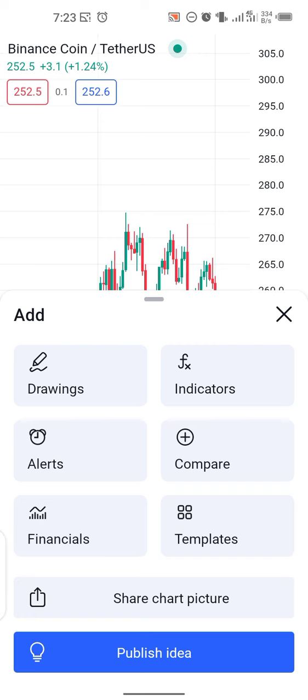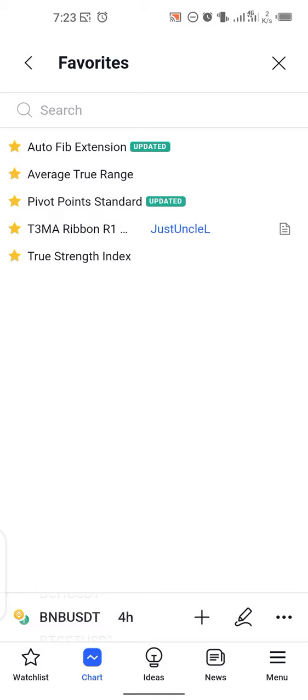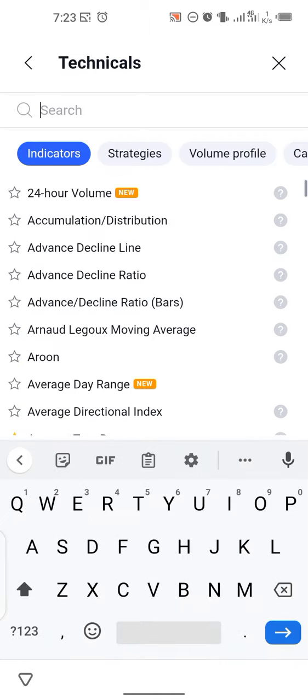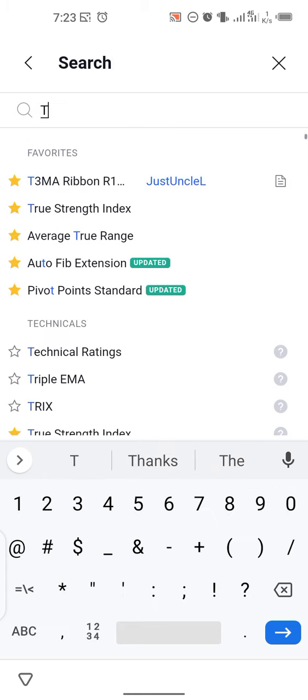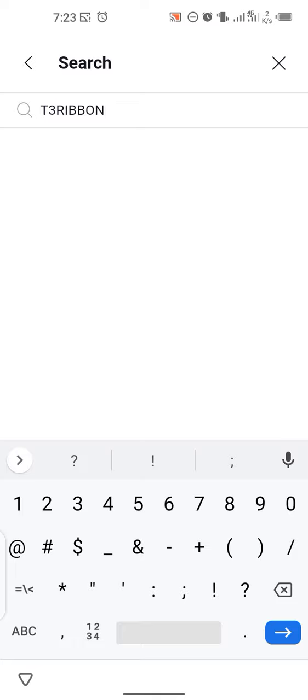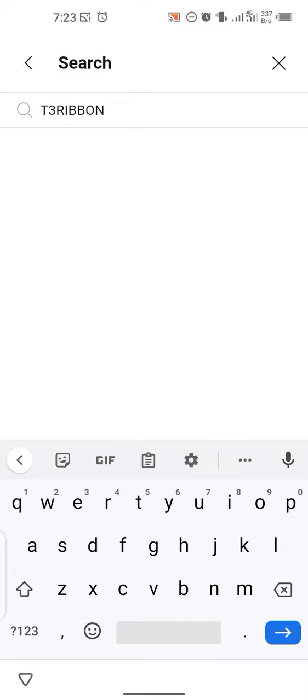All right, FX indicators, and there we go. You do not reach on favorite, but on technicals. And the name of the indicator is called T3 ribbon. Immediately you type in T3 ribbon, or you write the word T3.